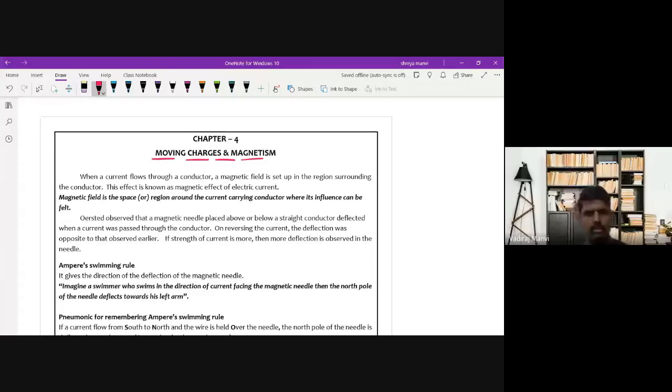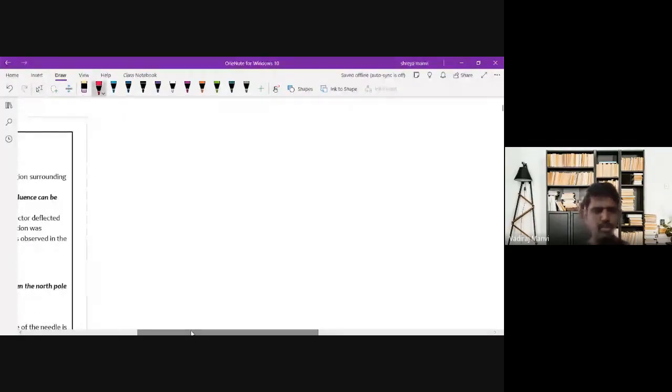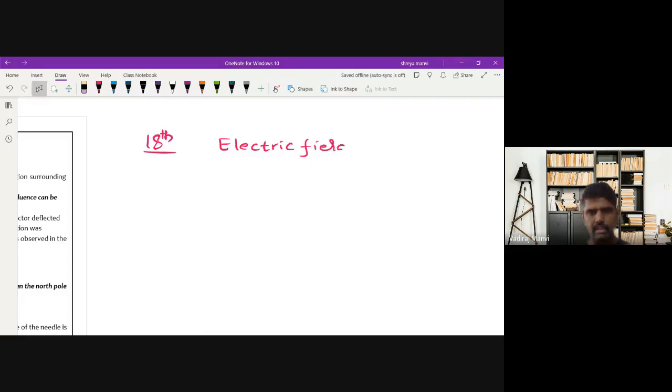Clear? Okay. So before we go into this, let us check the brief history of this. Before the 18th century, scientists were not aware that electric field and magnetic field are interrelated, and they used to study them separately.